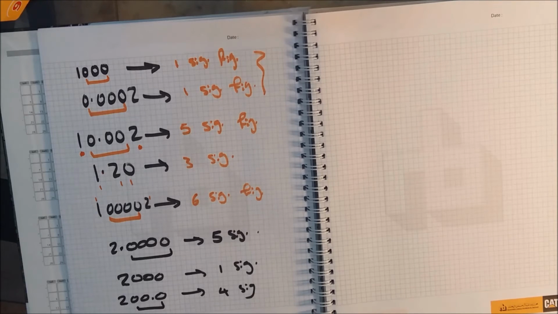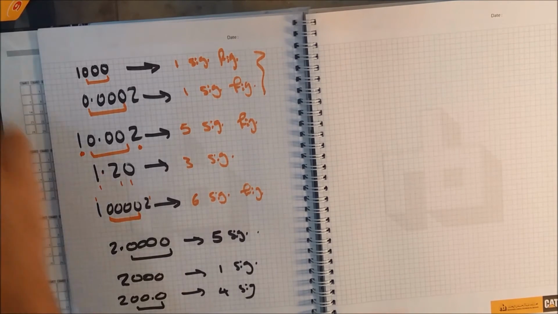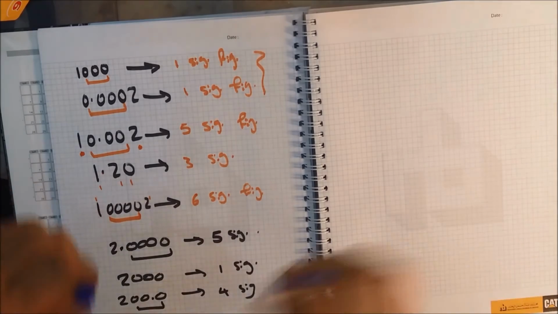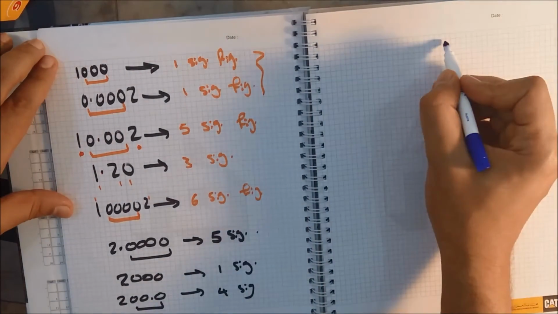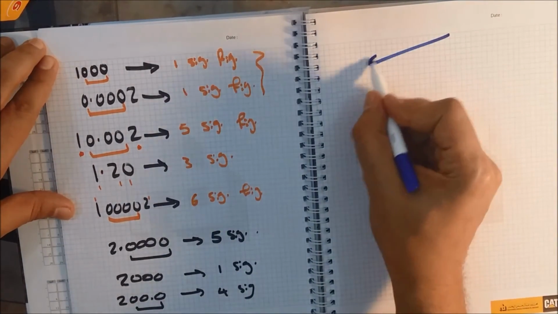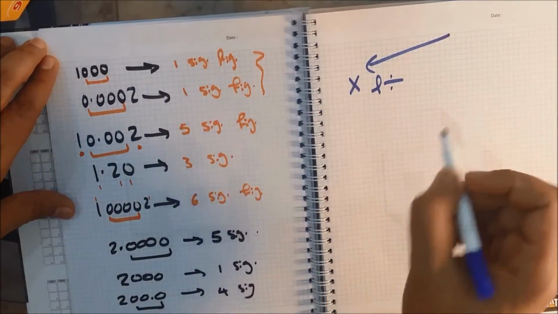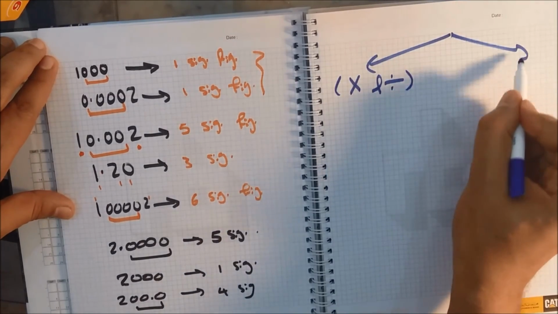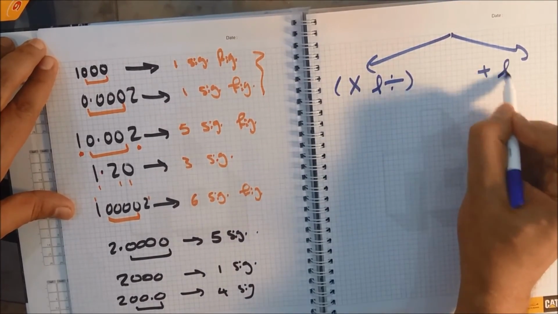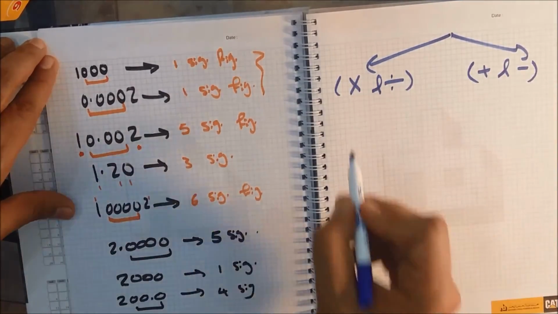Now let's have some ideas about how to add, multiply, divide and subtract significant figures, and let's follow the rules of the significant figures. Simply, following the rules of the significant figures is easy because multiplication and division problems have the same rule, while addition and subtraction have the same rule.